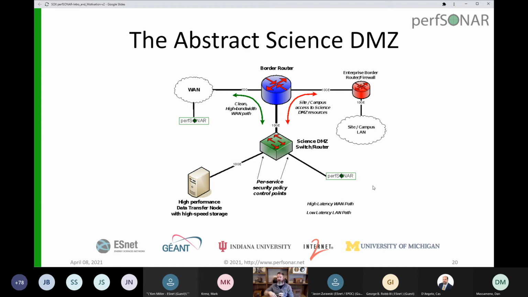But when we talk about hardware considerations and what switches are appropriate and what kind of router is appropriate and what kind of DTN we're building, when we're looking at that whole picture of the Science DMZ, there needs to be consideration for perfSONAR nodes and where testing is going to occur and kind of what our testing goals are in terms of where we're placing these in the network.